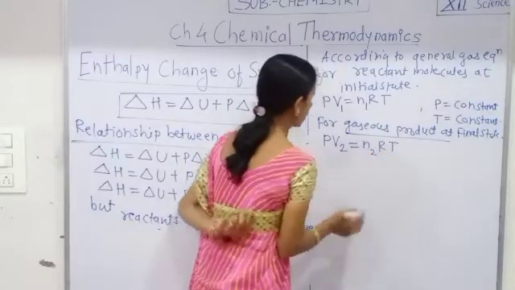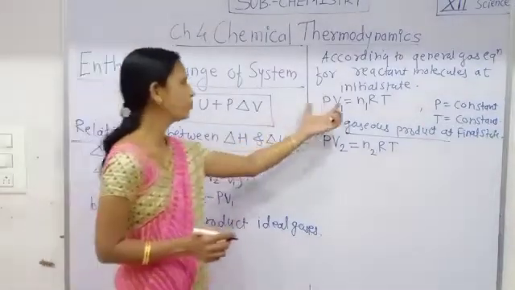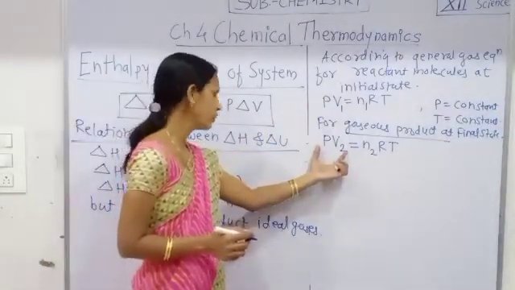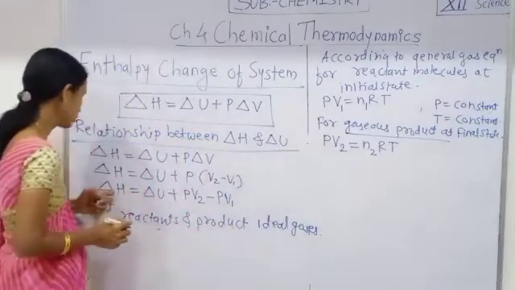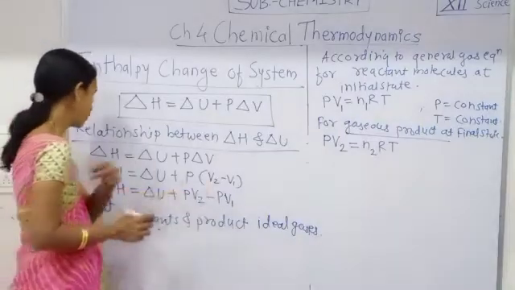Then see here, we can put the values of PV1 and PV2 in the equation: delta H is equal to delta U plus PV2 minus PV1.